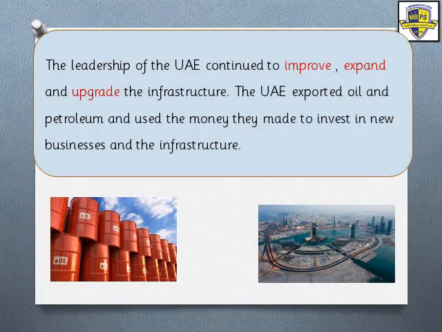So, the leadership of the UAE continued to improve, expand, and upgrade the infrastructure. The UAE exported oil and petroleum and used the money they made to invest in new businesses and the infrastructure.